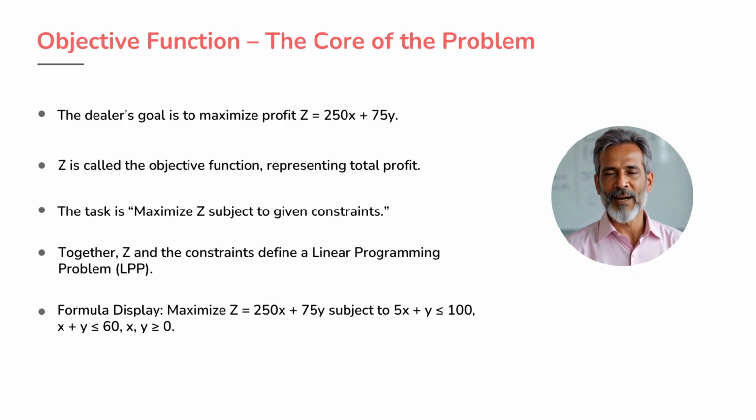So the complete mathematical model becomes maximize Z equals 250x plus 75y, subject to 5x plus y less than or equal to 100, x plus y less than or equal to 60, and x comma y greater than or equal to 0. This type of problem, where we optimize, that is, maximize or minimize, a linear function under given linear constraints is called a linear programming problem, or LPP for short.